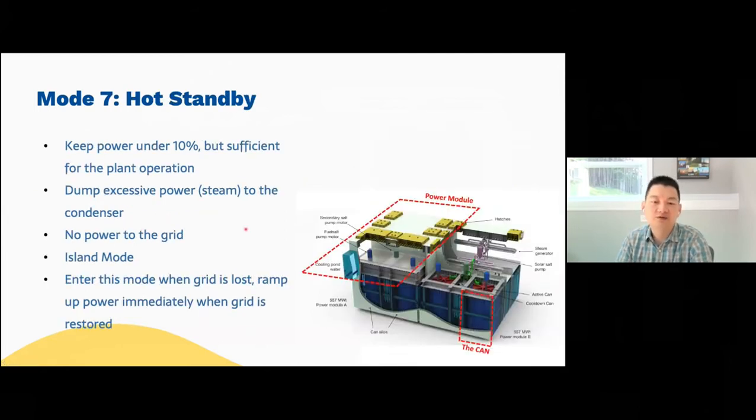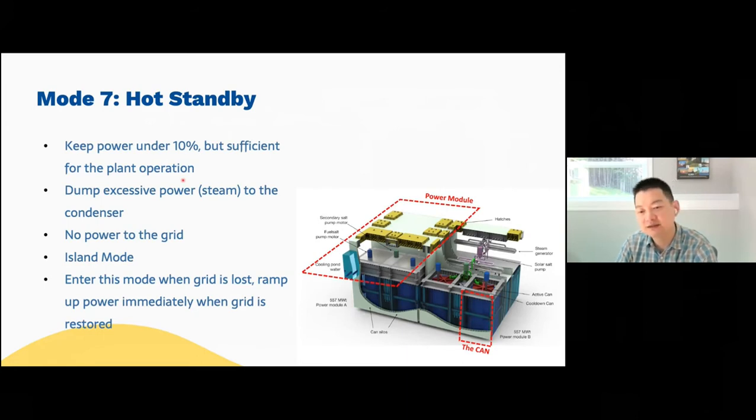Mode 7 is what we call hot standby. In this mode, it's actually directly from mode 6. Remember, in mode 6, we decrease power from 40% to under 10%, but now we're keeping this power under 10%, but sufficient for the operation of the plant itself.